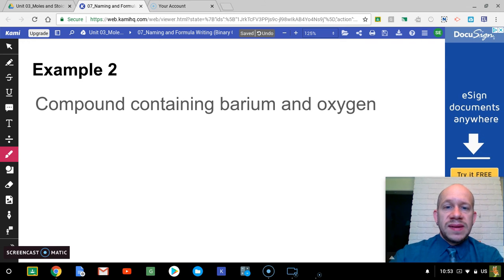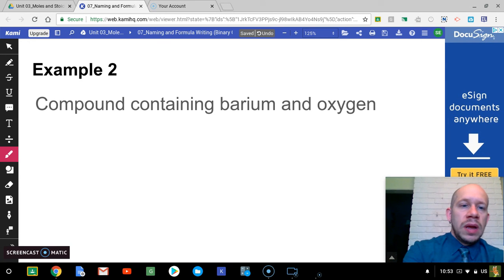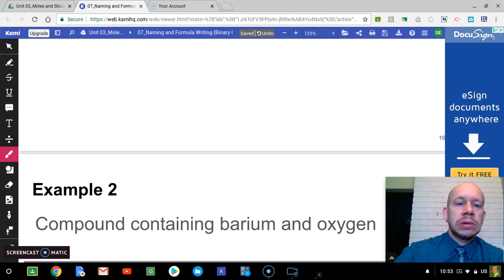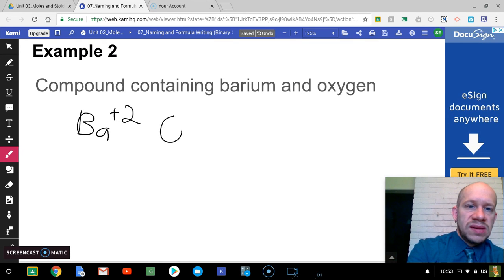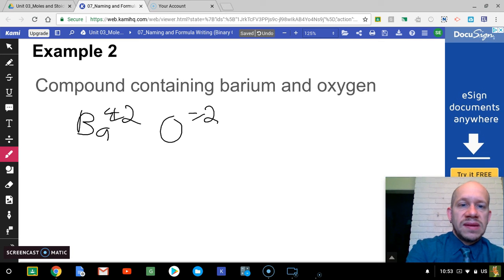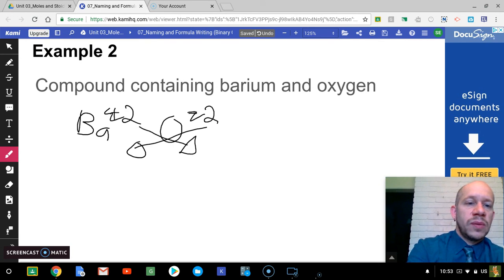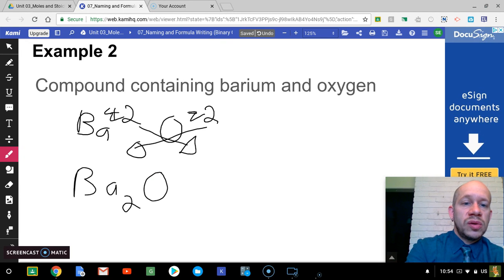Example 2, a compound containing barium and oxygen. So we need to look on our reference table. Barium is Ba, and it is also a +2. Oxygen is O, and it is a -2. We're going to drop our signs and then cross. So we'll have a Ba2 and an O2.